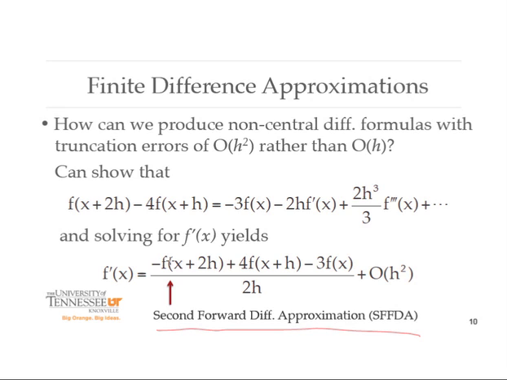This one's using 3. So it takes 3 function evaluations to get this order accuracy. Now, if you contrast that with the central difference formula for f prime of x, it only needed 2. So here's the price you're going to pay. To be able to move completely forward, it's going to cost you 1 more function evaluation to get that kind of accuracy, comparable to the central difference.